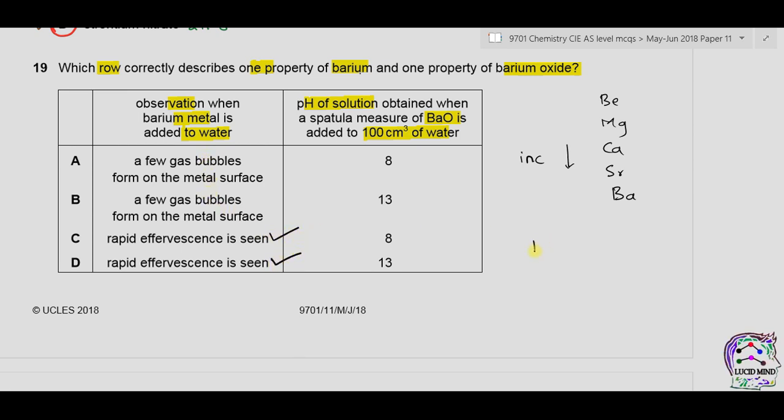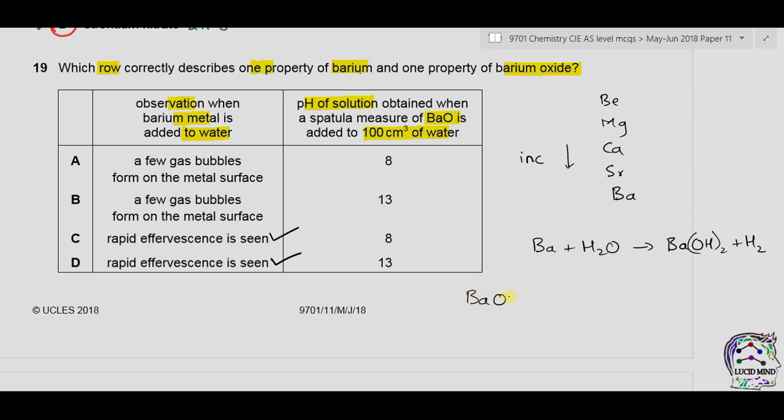As hydrogen gas is produced, barium plus water forms barium hydroxide and releases hydrogen gas. So rapid effervescence is seen for hydrogen. Second is the pH of solution when barium oxide is added to water.